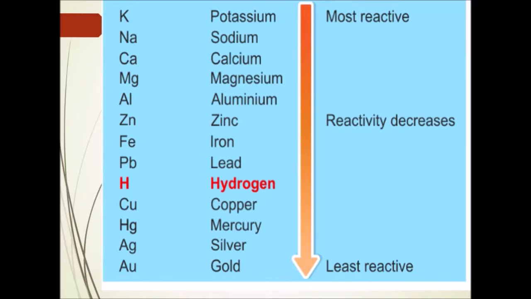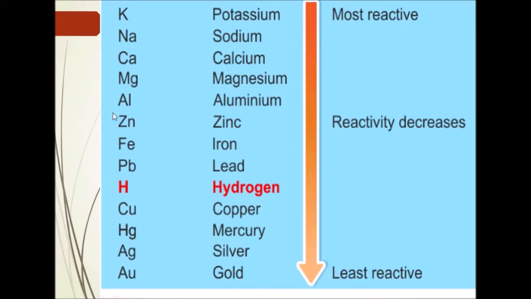Some metals are highly reactive, some are moderately reactive, and some are least reactive to atmospheric air and oxygen, etc. Metals like alkali metals, alkaline earth metals and aluminium, that is potassium, sodium, calcium, magnesium and aluminium, are the most reactive metals.